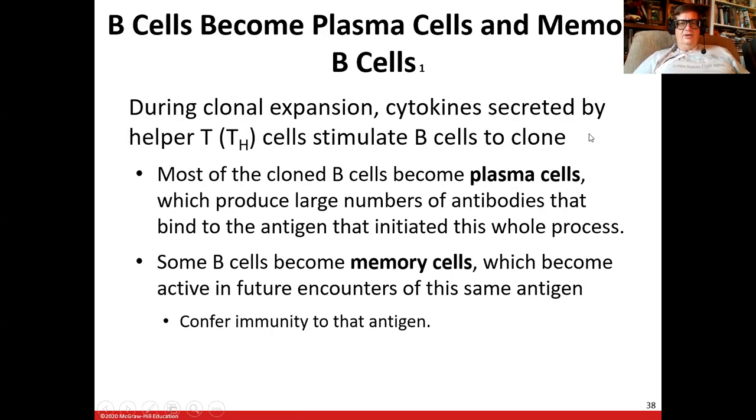That's all good. And when we have clonal expansion, when we're making these clones, this little clone army, haha, sci-fi reference, the cytokines are being given off by helper T cells, and they tell the B cell to make all those clones. Most of them become plasma cells.